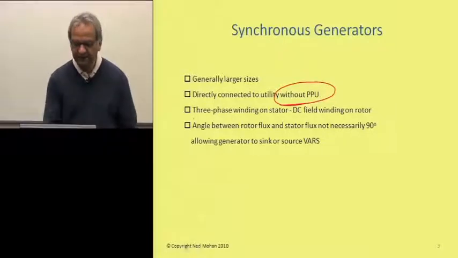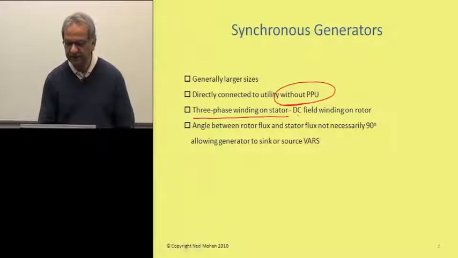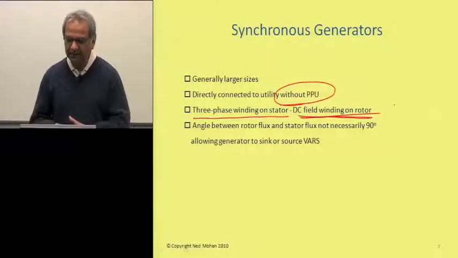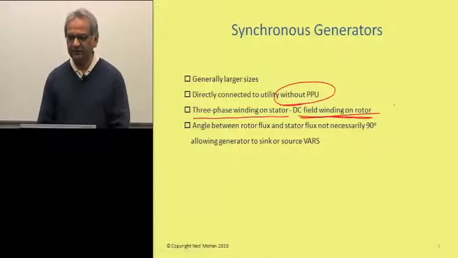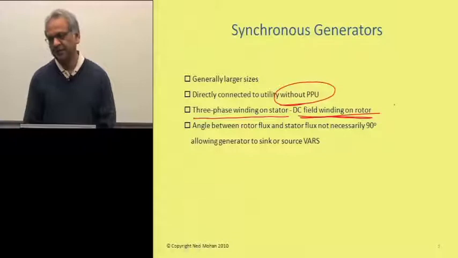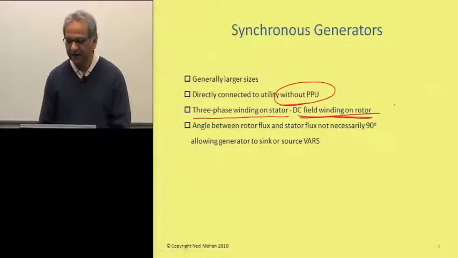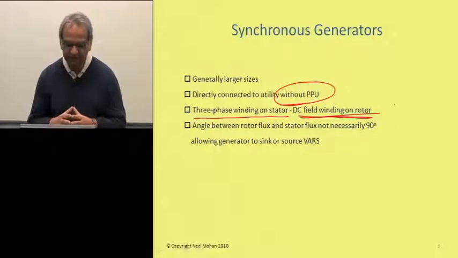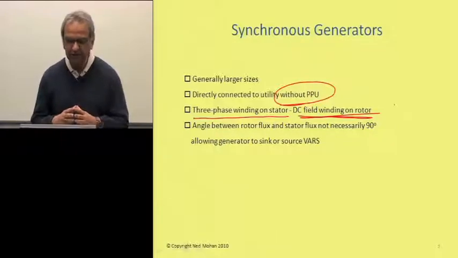They have three-phase windings on the stator and the DC field winding on the rotor, which is supplied by a DC current, and we will not go into details as to how that DC current is derived. It could be through slip rings and brushes, but that is not usually the case. We use a so-called static exciter. But again, that's beyond the scope of this course, so we will not go into it.